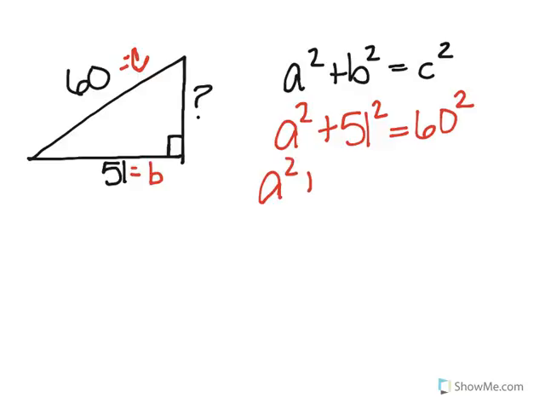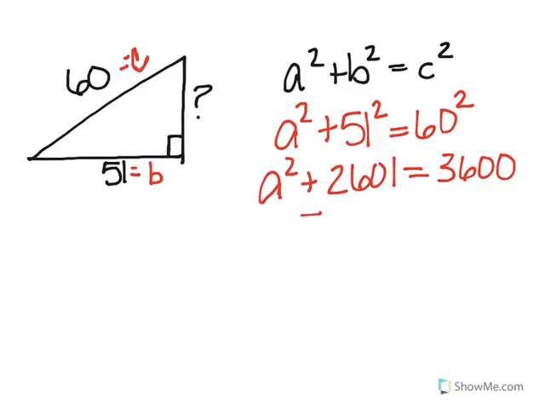We take 51 and square it, again using my calculator, and we get 2,601. 60 squared is going to be 3,600. So now this is an equation, and we've studied these a lot this year.